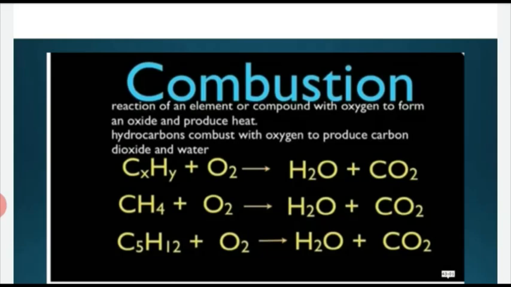Hydrocarbons combust with oxygen to produce carbon dioxide and water. These reactions are majorly used as heat energy sources in many of our day-to-day activities.